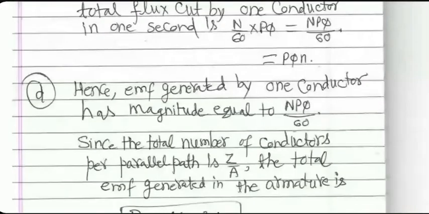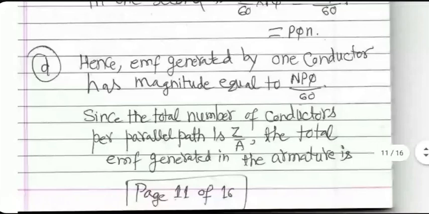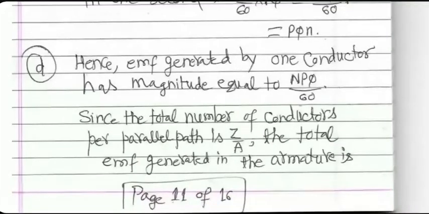Now the total number of conductors per path is Z divided by A. So to get the total EMF, you multiply this result by Z by A. We give the symbol EB for the EMF generated.